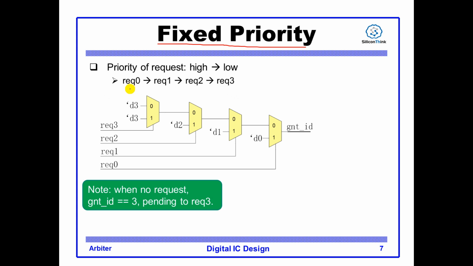Then we can define request 0 has the highest priority, then a little lower, and this is the lowest priority. So when request 0 goes high, it always gets granted, and if request 0 is high, it will block all the requests after it.